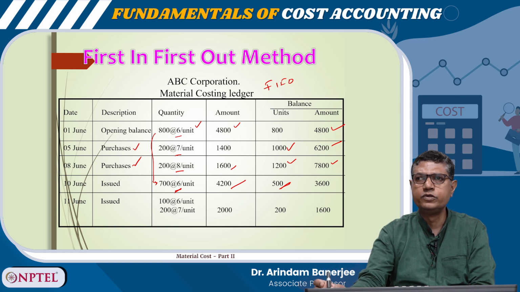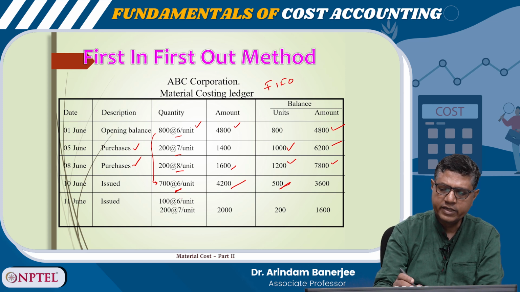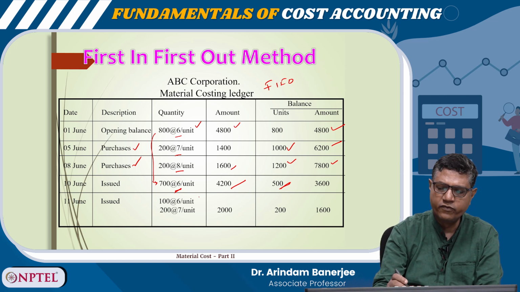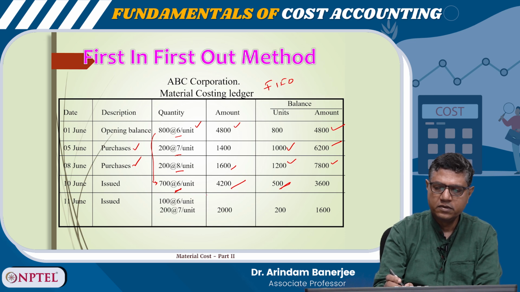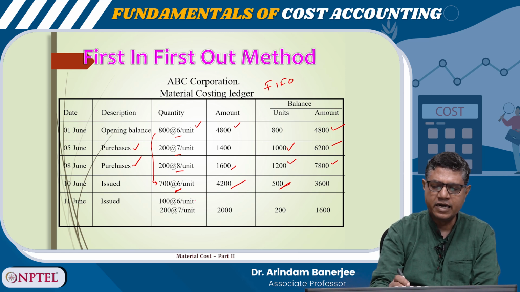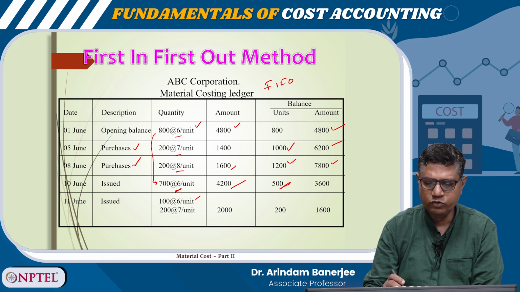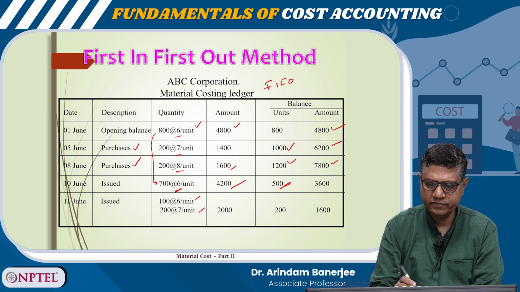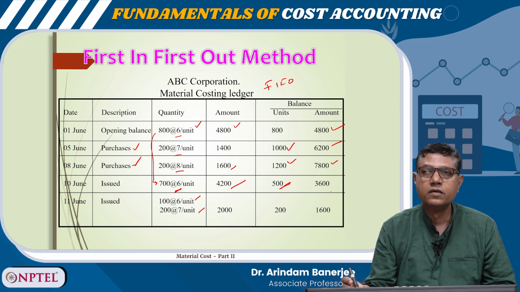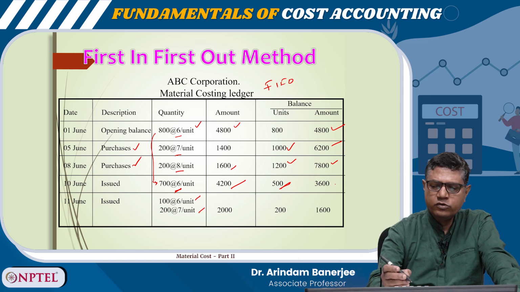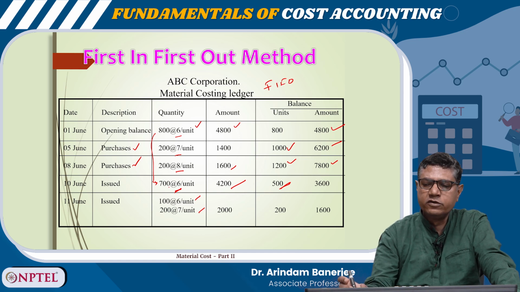further issues happened, right? So, here the remaining 100 will go at 6 rupees per unit, right? And 200 at 7 rupees. Sorry, let me repeat. Now you see, out of 800, the 700 has gone, right?